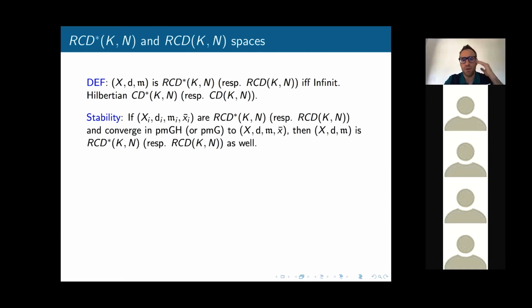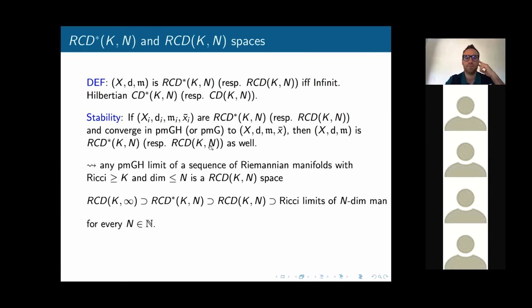So, let me just say the statement: if you have a sequence of spaces which are RCD* K,N, converging in pointed measured Gromov-Hausdorff sense to a limit space, then the limit space is RCD* K,N as well. If the sequence was RCD K,N, then the limit is RCD K,N as well.